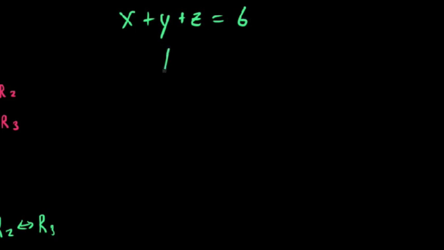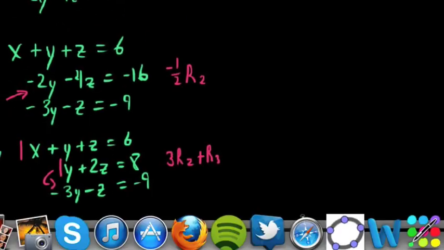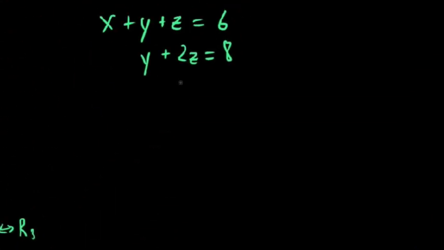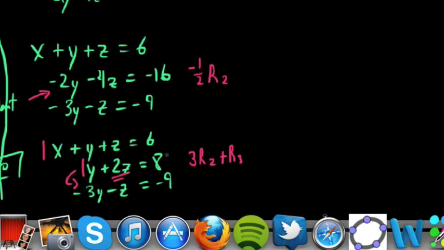Not new, but we say y plus 2z in our second equation is 8. And now our y in the third equation is gone because we tripled our y in the second row and added it to the third row. So if we triple 2z here, 6z, 6z plus a negative z is 5z. We have 5z, and that's equal to triple our 8, which is 24, and 24 minus 9 is 15.